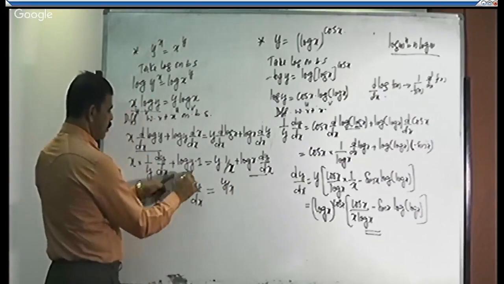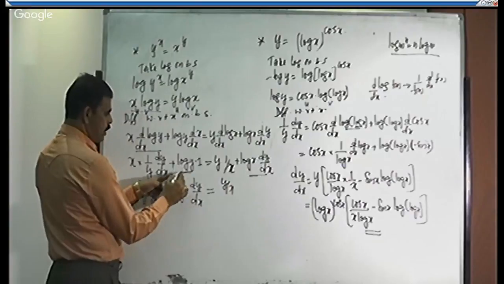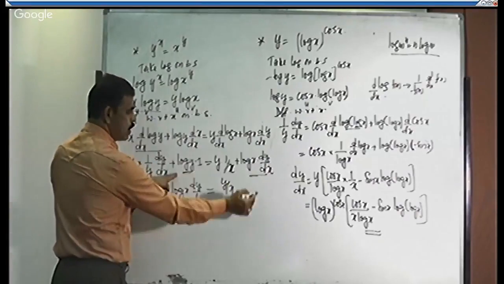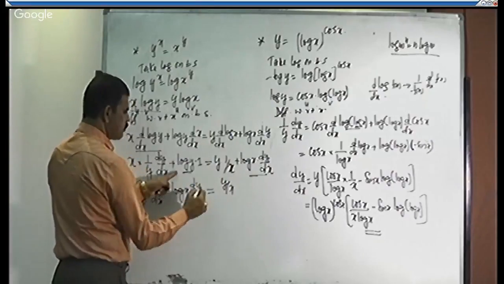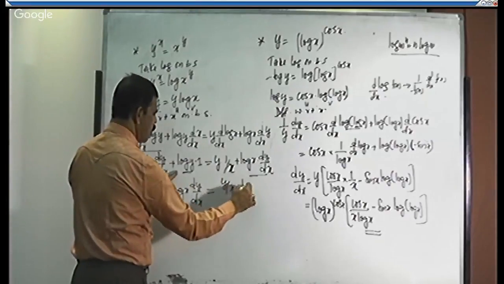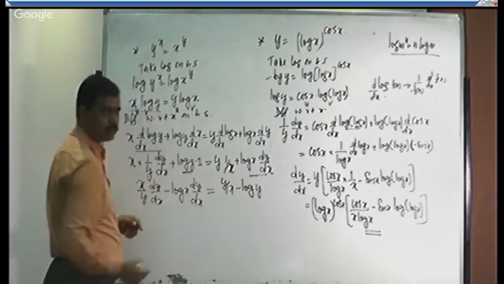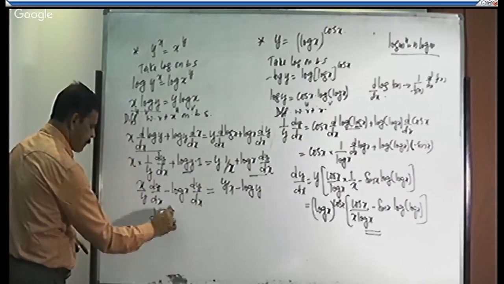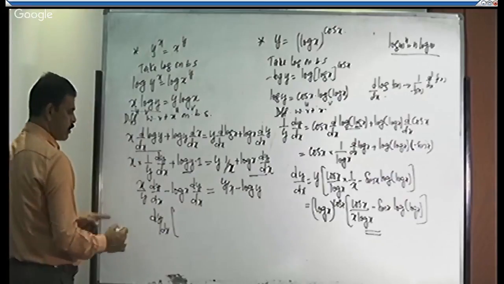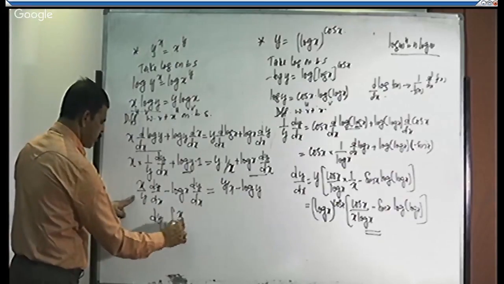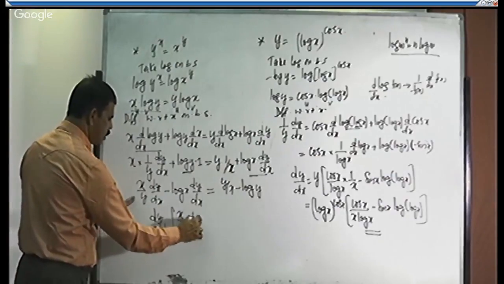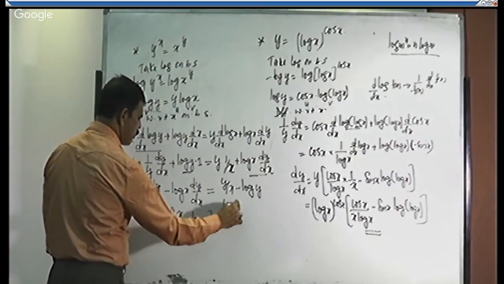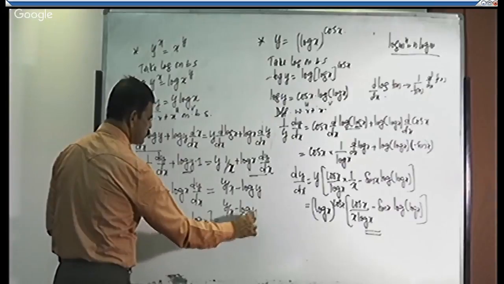Then we have not written log y so far. Why? Because it does not have dy by dx. We are taking it to the other side. If I take it to the other side, it becomes minus log y. Then take dy by dx common. So x divided by y minus log x is equal to y by x minus log y.